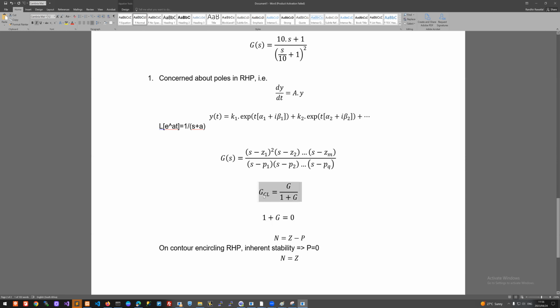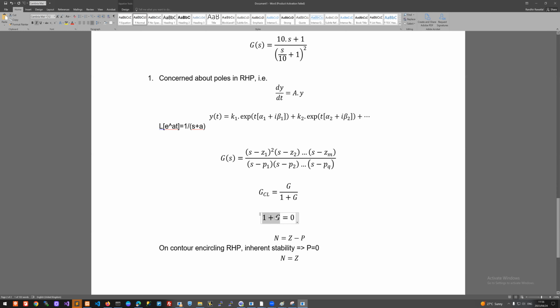So our closed loop function, if it has a pole in the right-hand plane, that will show up as a 0 of this function. So we are worried about zeros of this function being in the right-hand plane. And so we are worried about this function encircling 0, 0.